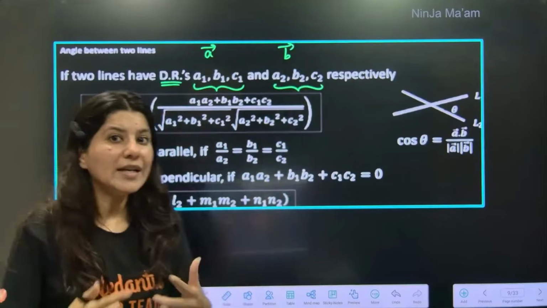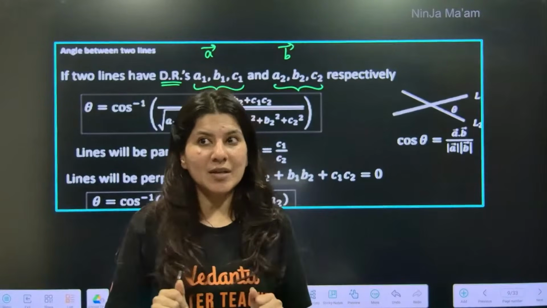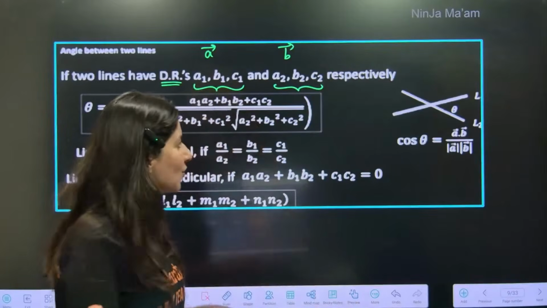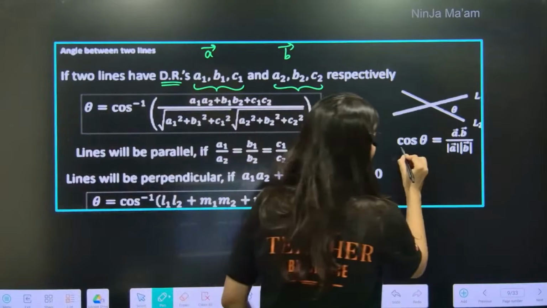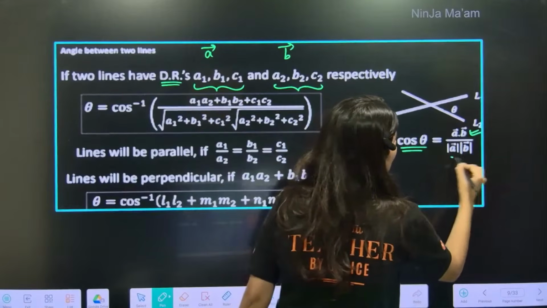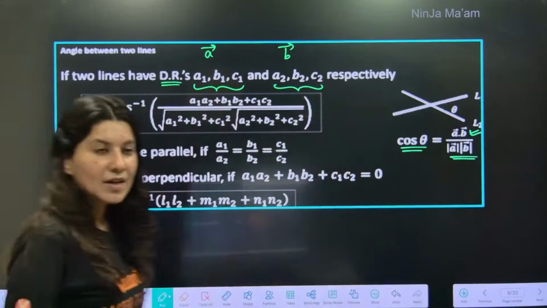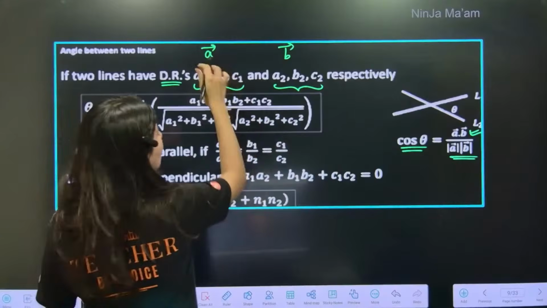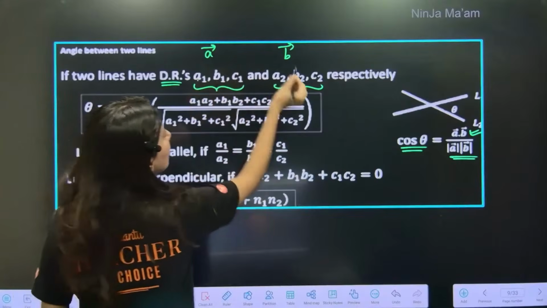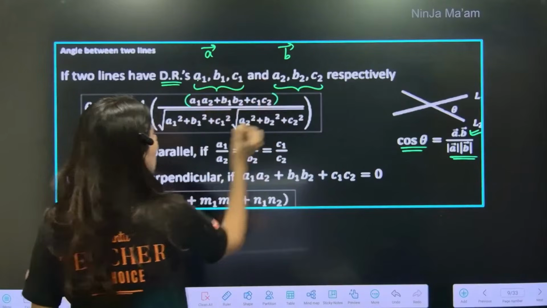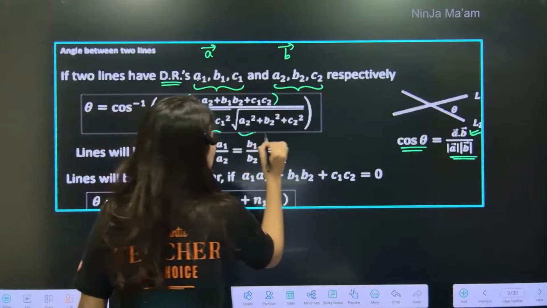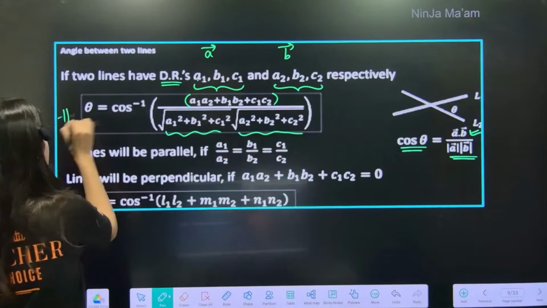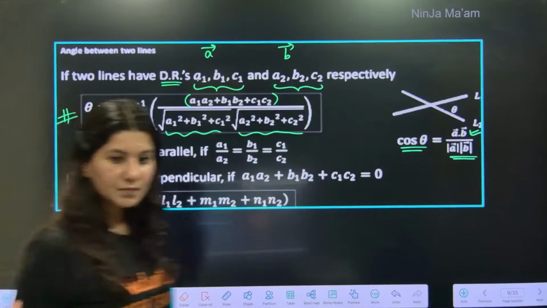How would you calculate the angle between two vectors? You have studied this in physics also. The angle between two vectors: cos theta is A dot B upon the product of magnitudes. So the dot product is A1 A2 plus B1 B2 plus C1 C2 in the numerator, upon the magnitudes in the denominator, and this will be cos theta.